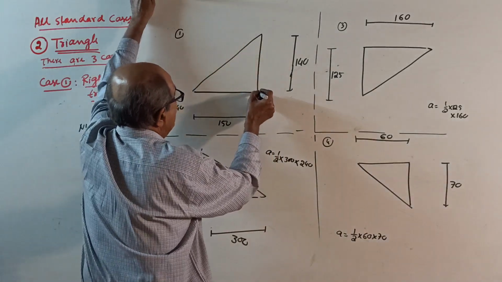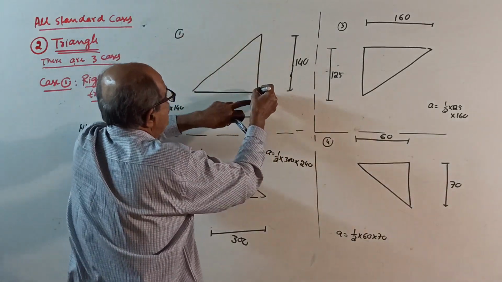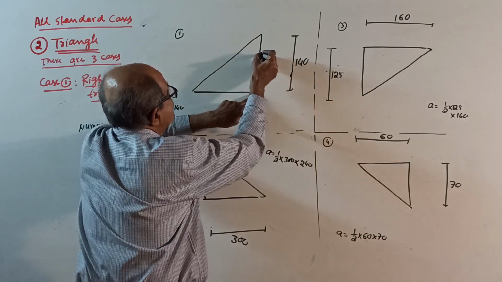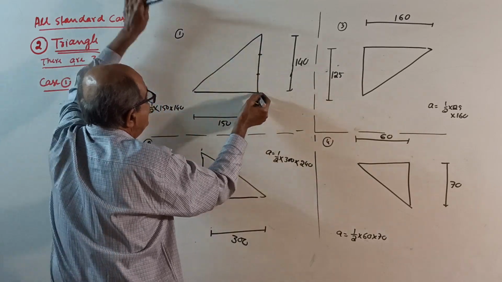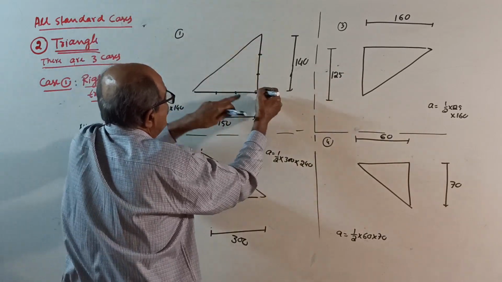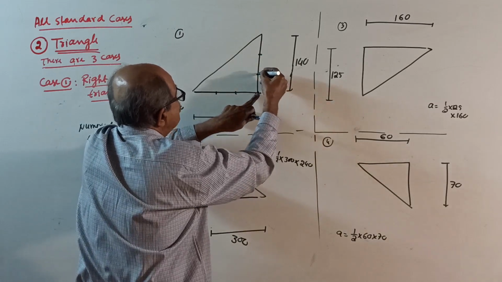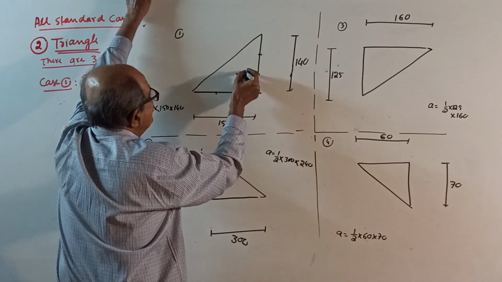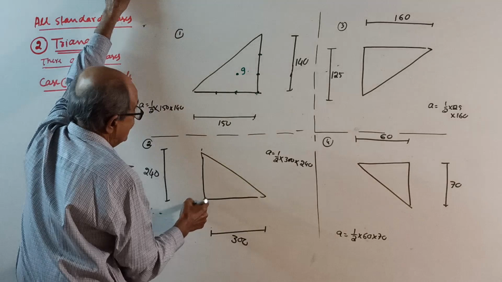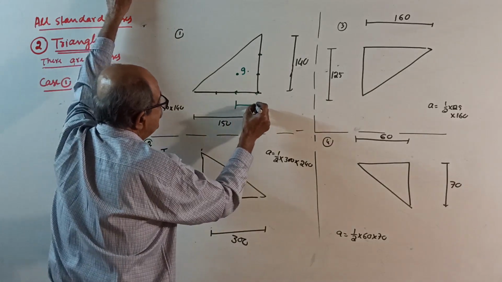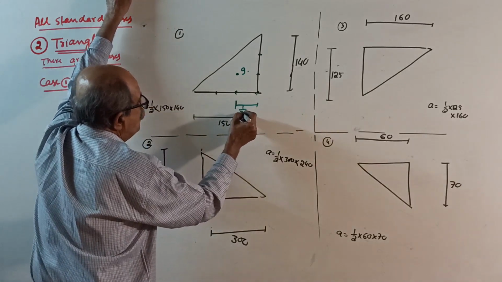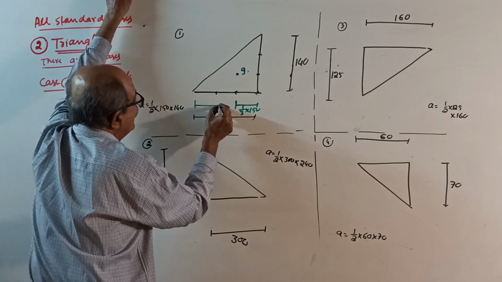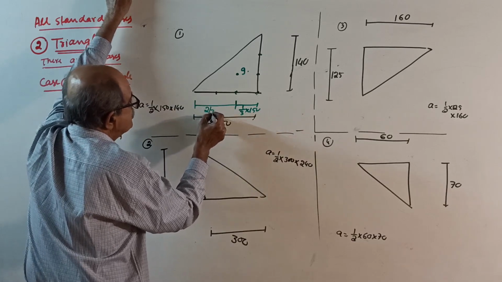Centroid, see here. Come here, where the right angle is. From here, go 1 by 3, divide into 3 parts. From here, this way also, divide into 3 parts. From here, go to the first part; the intersection is here. This is centroid G. This is 1/3 of 150, a very small distance; this bigger one is 2/3 of 150.